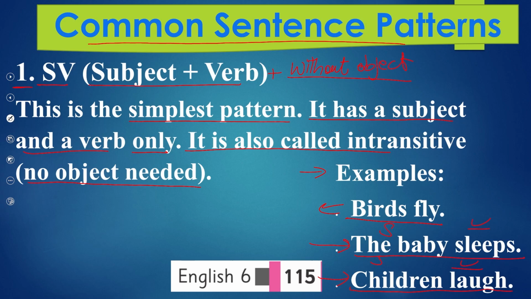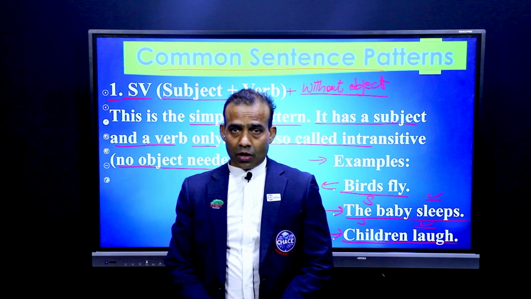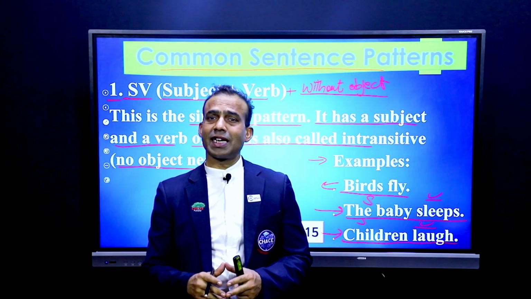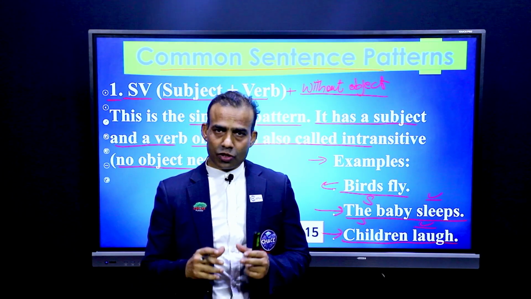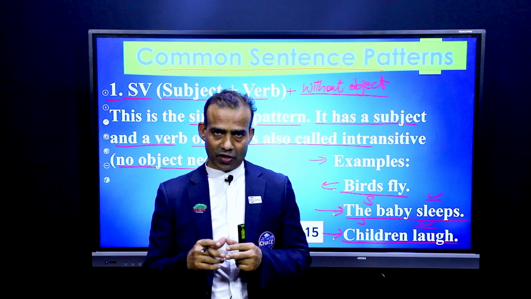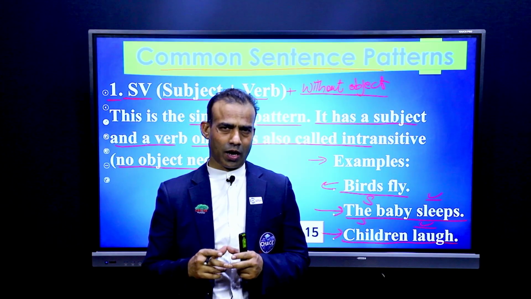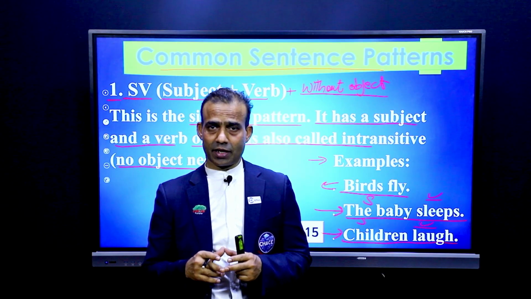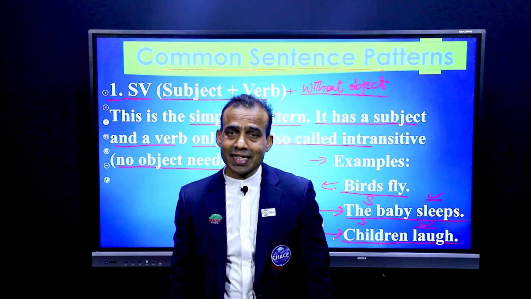It means these sentences don't need any object. Such types of sentences are called SV. So, students, you learned the first sentence pattern in which just two things are united: the subject and the verb, and it doesn't need any object. Now, move to the next sentence pattern.